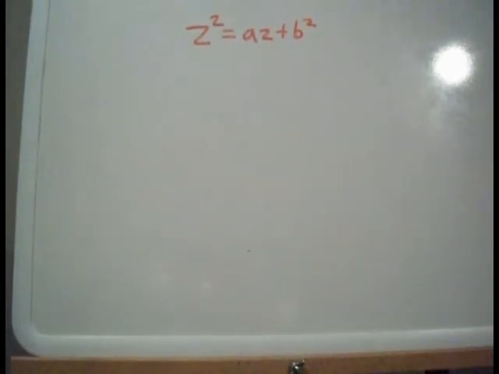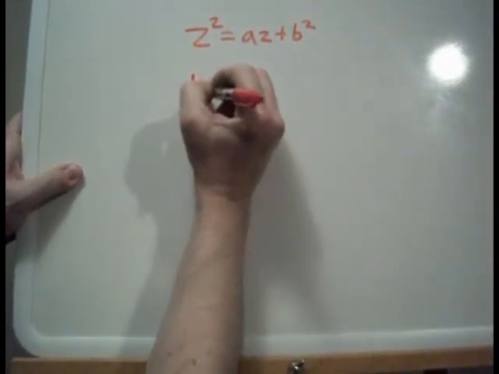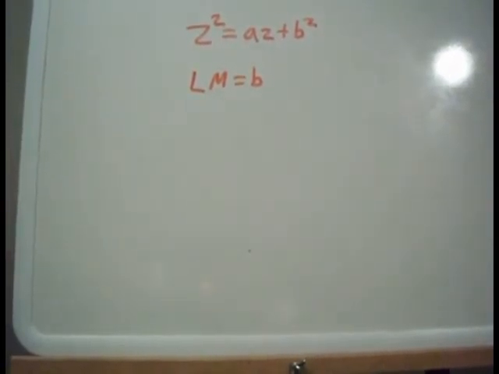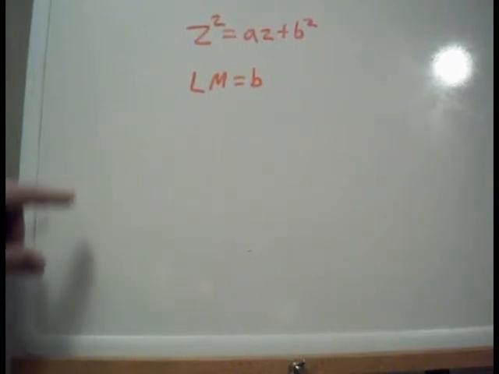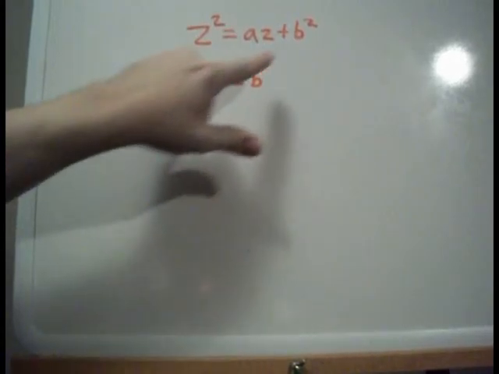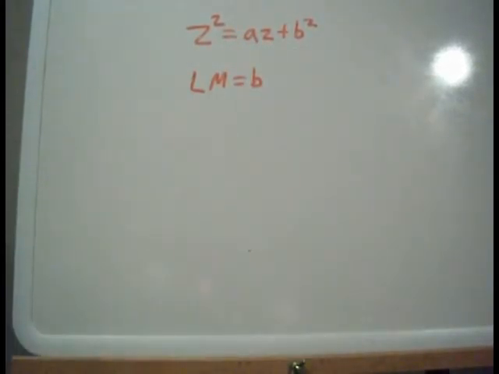So what is line LM? Well, line LM is equal to B. So go back to that drawing of that triangle and that circle. LM equals B, which is the square root of B squared. So if LM squared is going to equal that B squared right there.